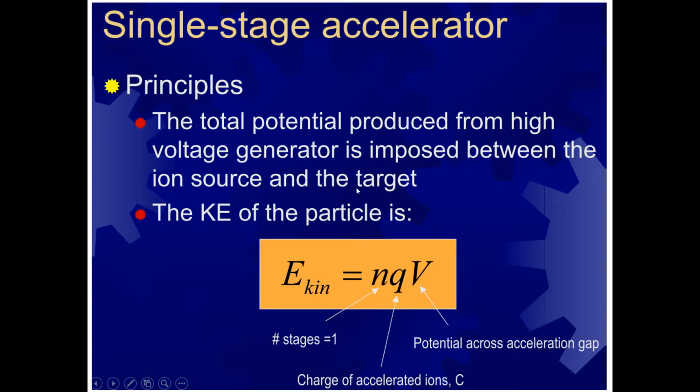I mean, we accelerate the particle, and the kinetic energy of the particle which we accelerate is equal to nqV. Here n means the number of stages, which in this particular condition is equal to 1. q is the charge of the accelerated ion, and V is the potential across the acceleration gap.